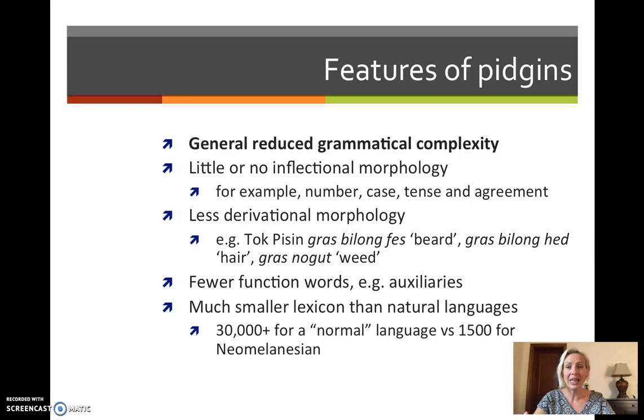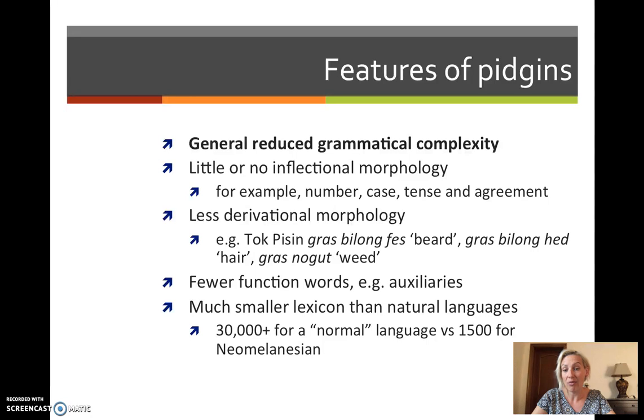So where normal languages have many different words, pidgins very often just put words together to describe what they mean. So that means there are fewer words. There are fewer function words, little grammar, and a much smaller lexicon. For example, you can imagine this thinking about the number of words in a normal, regular language.